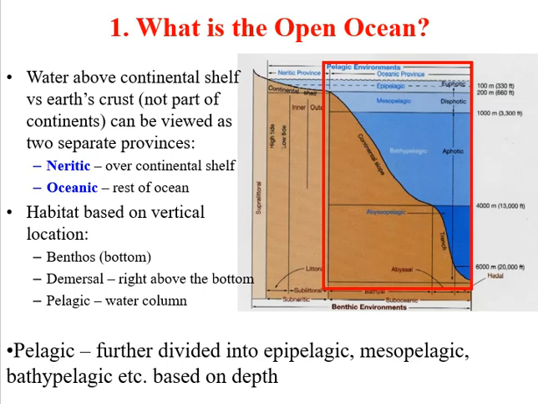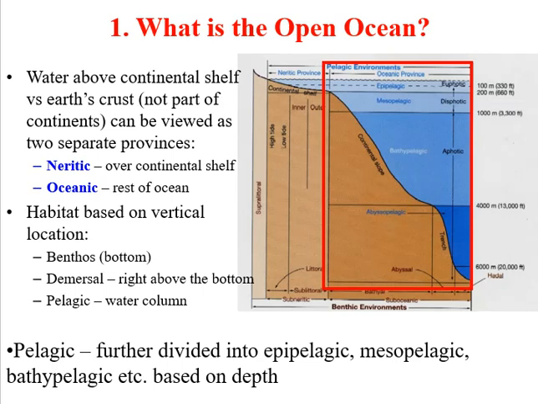What's used interchangeably, but probably not correctly a lot of times, in describing the Oceanic province is pelagic, talking about pelagic parts of the ocean. Pelagic just means off of the bottom, up in the water column.